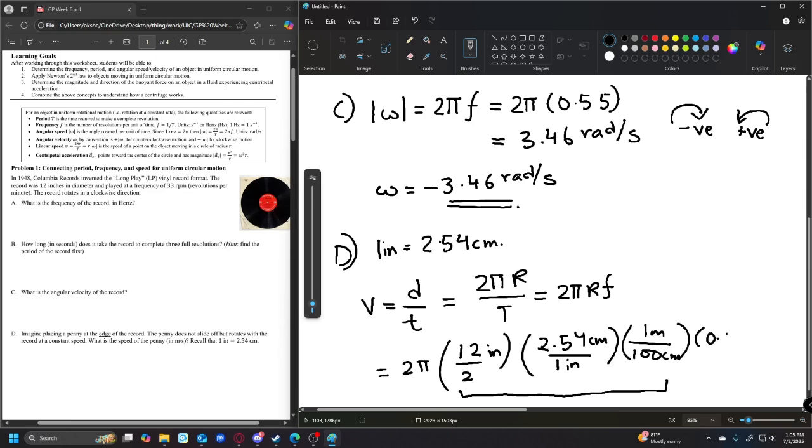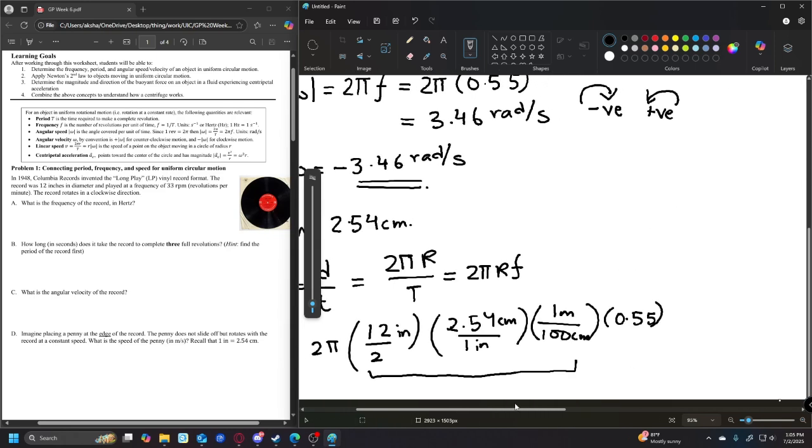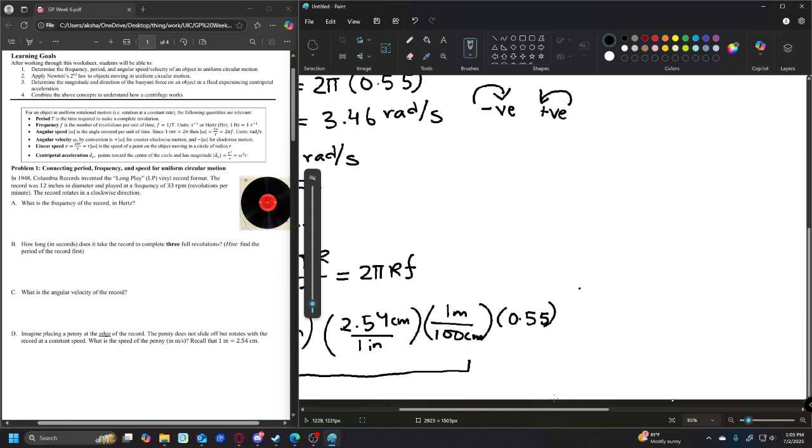Multiplying this with the frequency gives us a value of approximately 0.53 meters per second. And that is not the angular velocity, that is the speed of the penny.